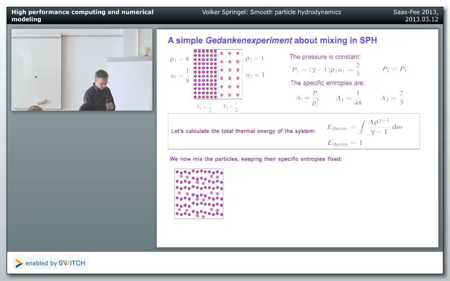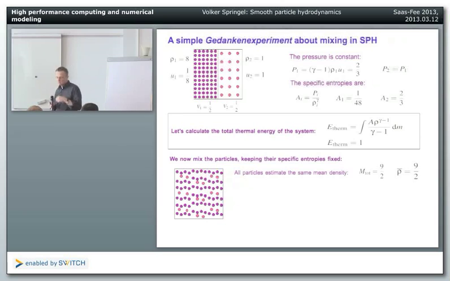Well, that's simple enough. All particles will now estimate the same density. It must be 9/2, right? Because the mass was constant in the box. I didn't put any new particles in or out. So every particle will now see around itself a fair mixture of these two species, and so we'll estimate the density to be 9/2.